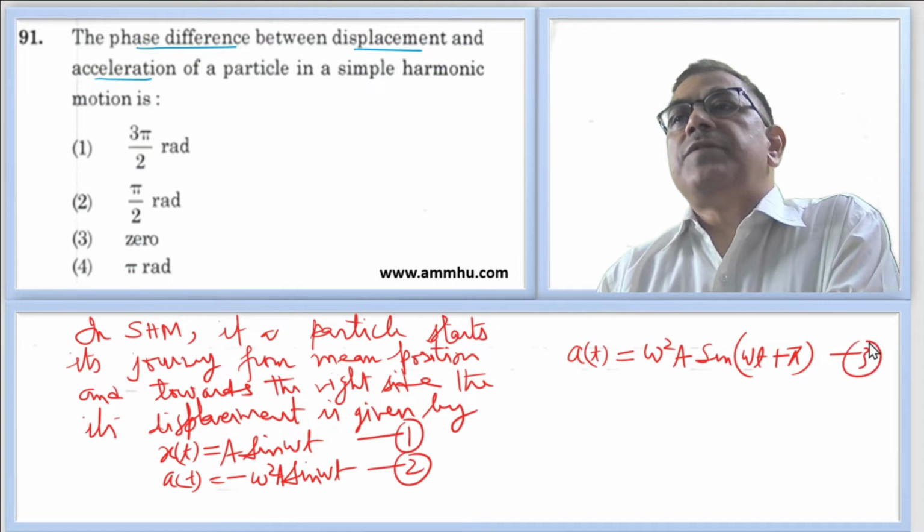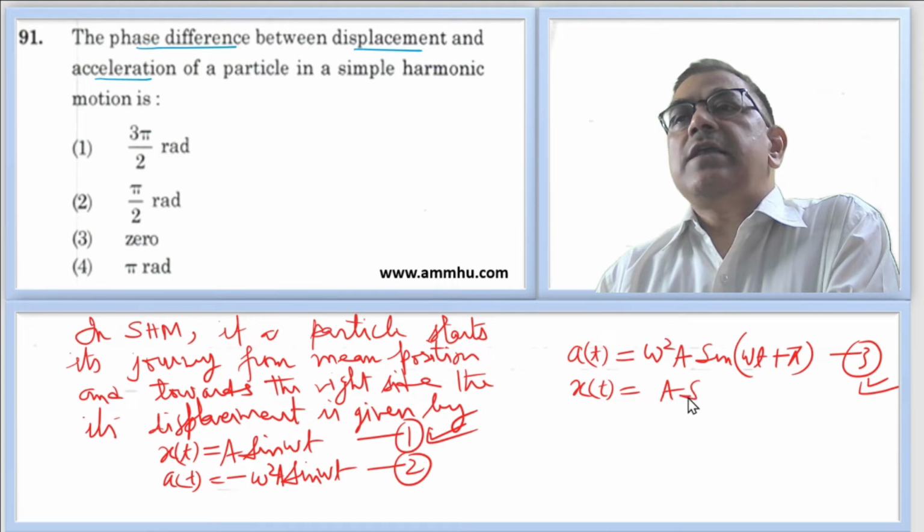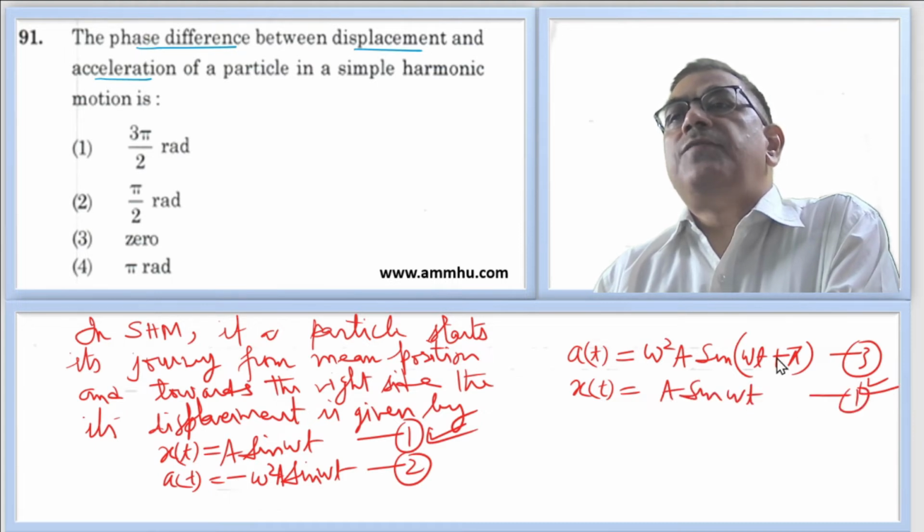This is relation number 3. Just try to compare relation 1 and relation number 3. For the sake of simplicity, let's write x at t underneath it. This is a sine omega t. Now compare 1 and 3.